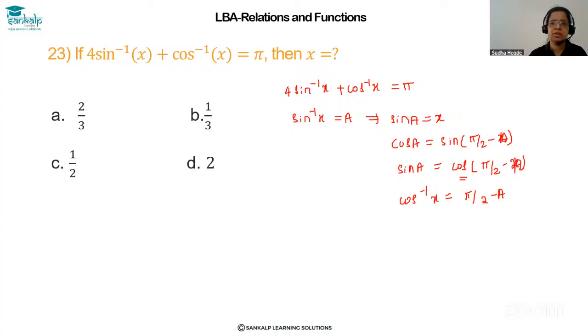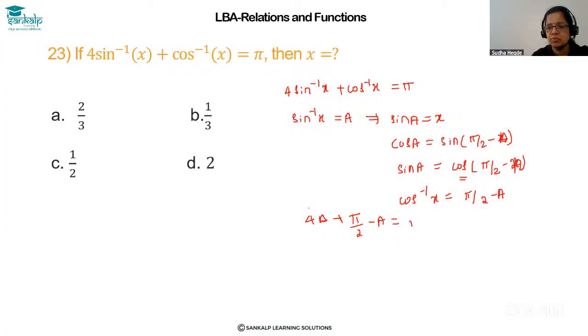So now take the given expression. 4 sin inverse x, so 4, what is sin inverse x? A, plus, what is cos inverse x? It's pi by 2 minus A. That is equal to pi.